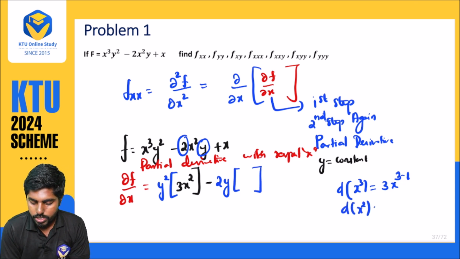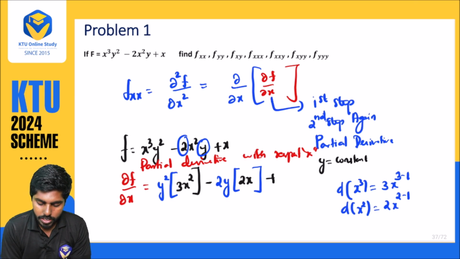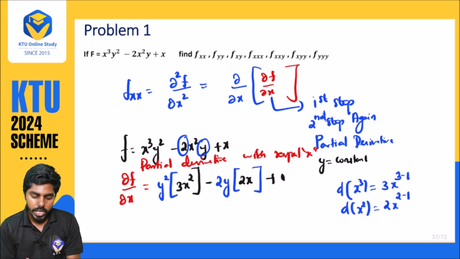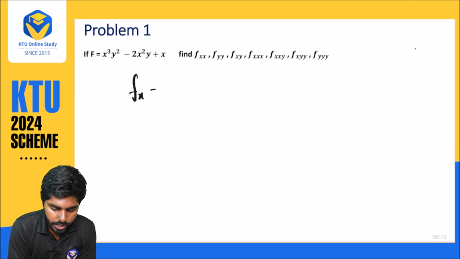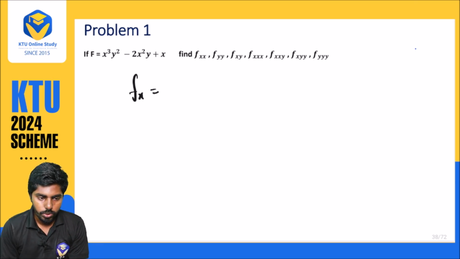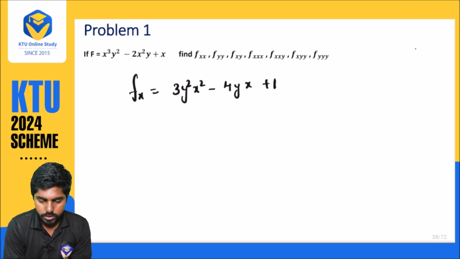Differentiation of x square is 2 into x power 2 minus 1, so we get 2x, plus differentiation of x is 1. So this is what we get for f of x: 3y square x square minus 4yx plus 1.